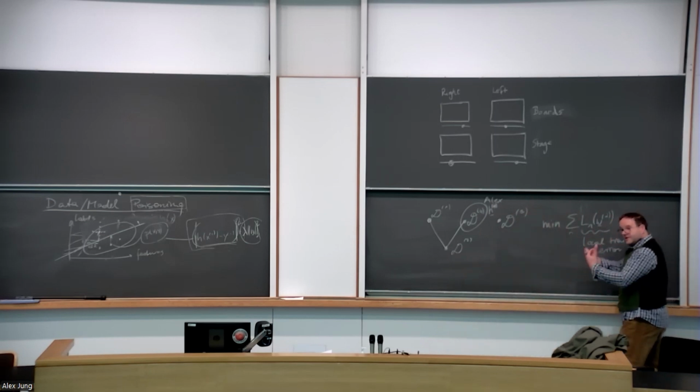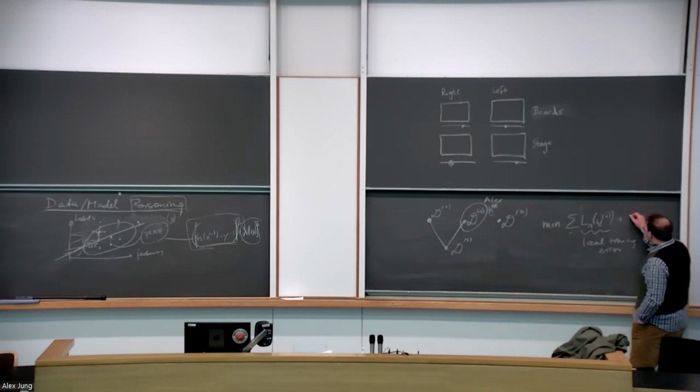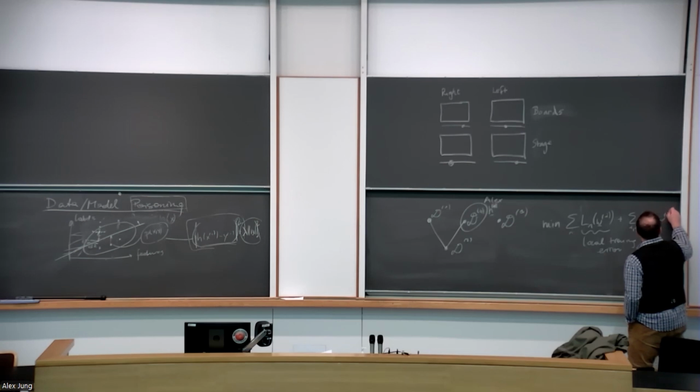And that's where the collaborative learning comes into play. So we require that the total variation is not too large. So we penalize the total variation over the edges in this empirical graph.